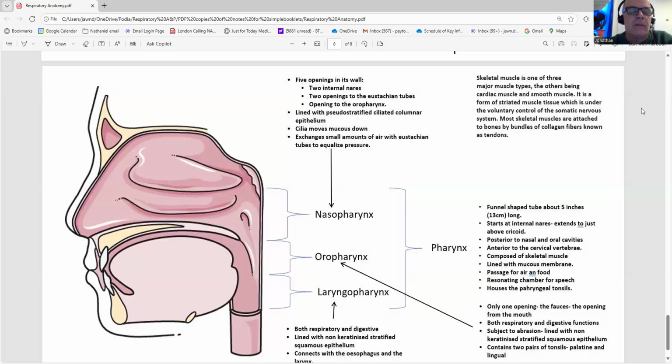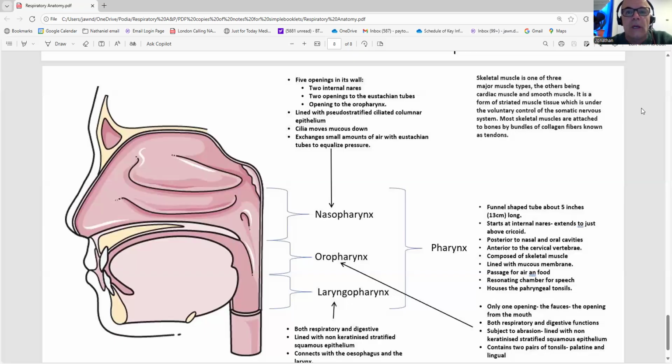It warms the air that comes in through it. It's lined with lots and lots of blood vessels, which makes that air very warm. When you're breathing cold outside air, what you don't want is that going into your lungs, because your lungs don't particularly like cold air, and we'll explain why in a little while.